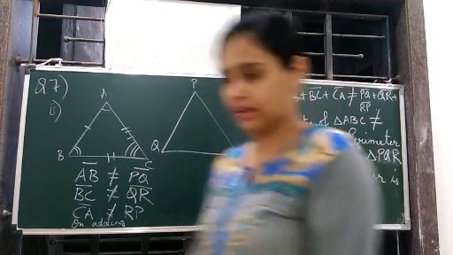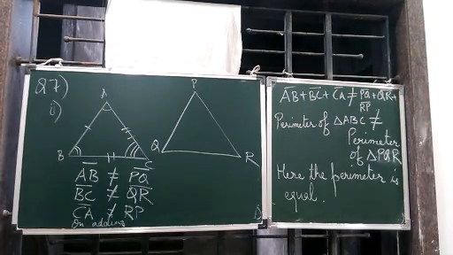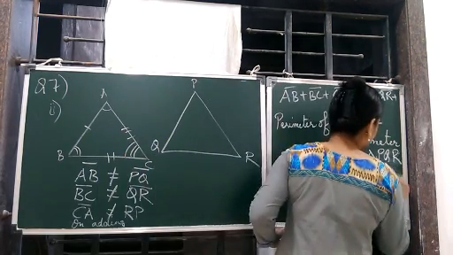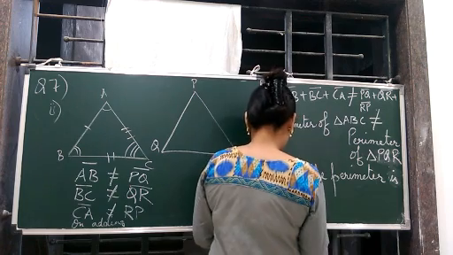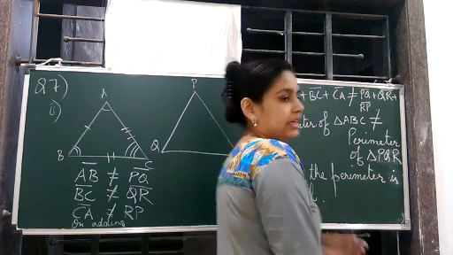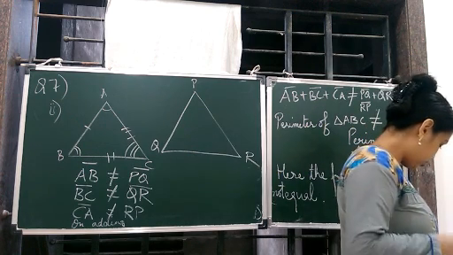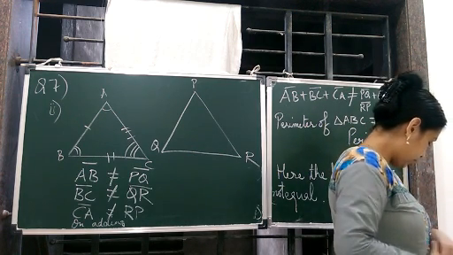So what do we see? Here the perimeter is not equal. So when the triangles are not congruent, the perimeters of the two triangles are not equal.